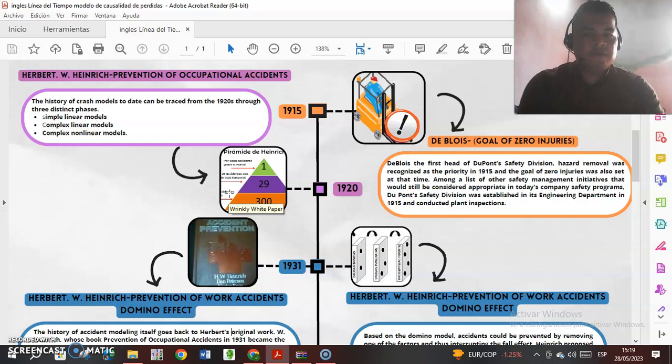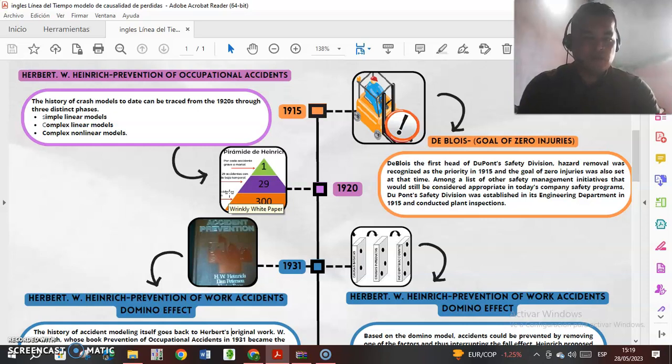The first head of the DuPont Safety Division said hazard removal was recognized as the priority in 1950. The goal of zero injuries was said at the time among all the safety management initiatives that were considered appropriate in the company safety programs.